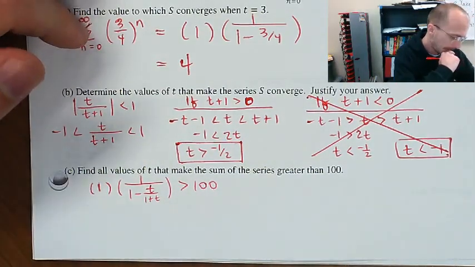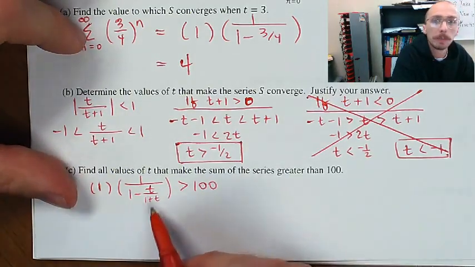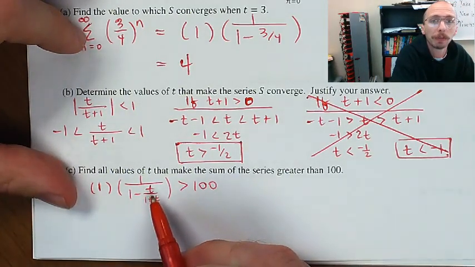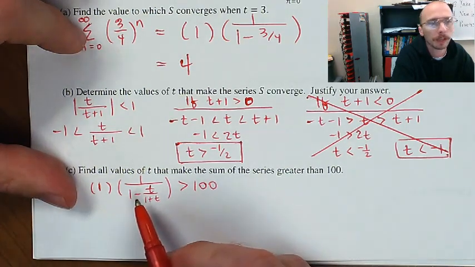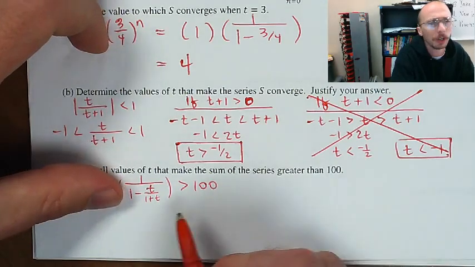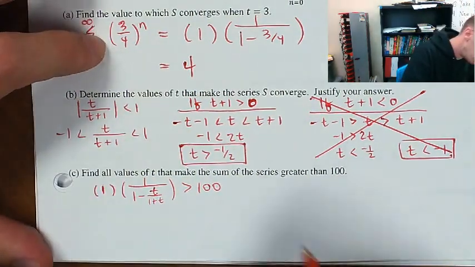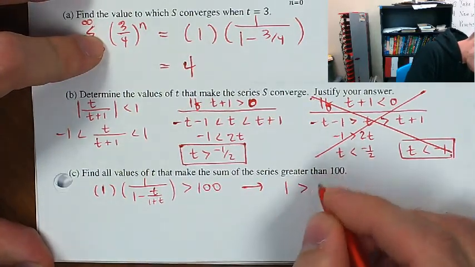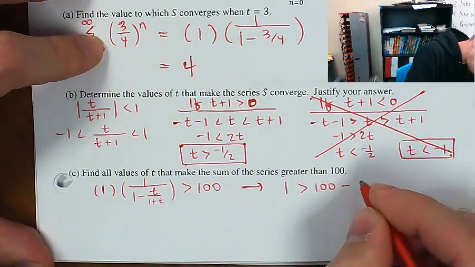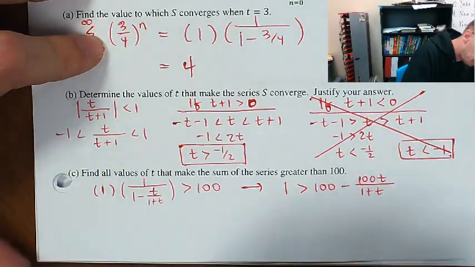Okay. This is not going to be a negative number because I know that the absolute value of this is less than 1 for it to converge. So I don't have to worry about multiplying. When I get rid of this, I'm going to multiply it over there. I don't have to worry about the denominator being less than 0, so that it would reverse the direction of the inequality. So that tells me that 1 is greater than 100 minus 100t divided by 1 plus t. Okay.